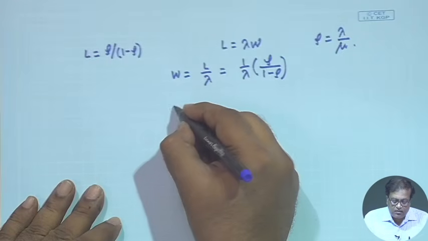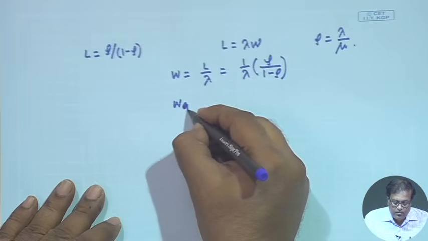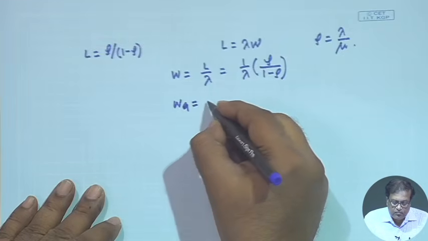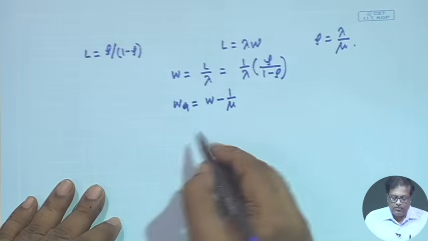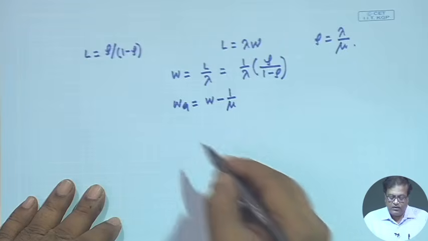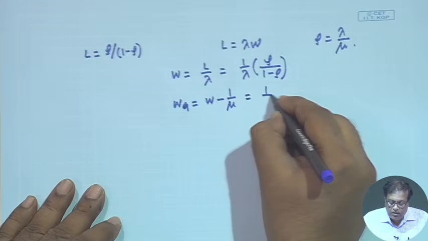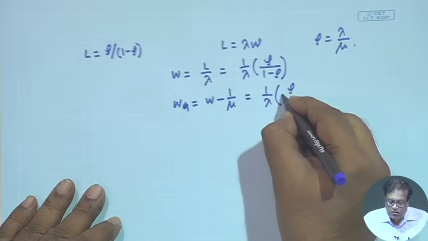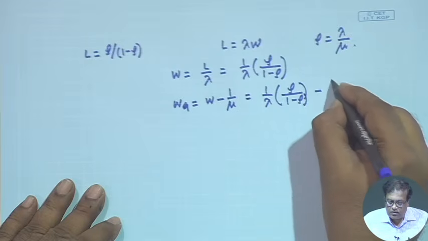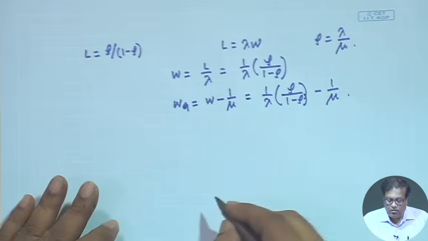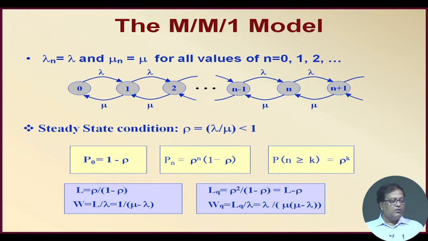Then you can also obtain LQ and WQ. So, WQ will be W minus 1 by mu, right, because W equal to WQ plus 1 by mu. So, it will be 1 by lambda times rho by 1 minus rho minus 1 by mu. So, all these calculations can definitely be done, and simplified forms can also be written.